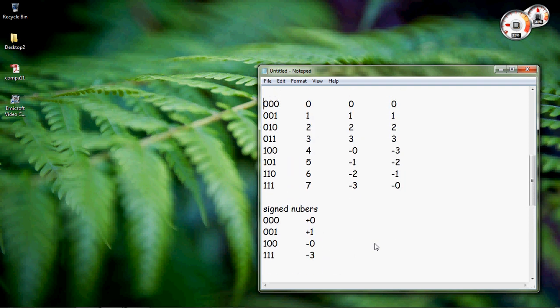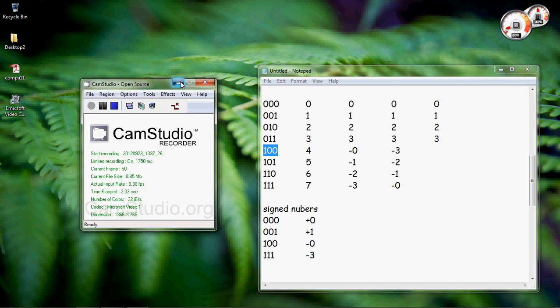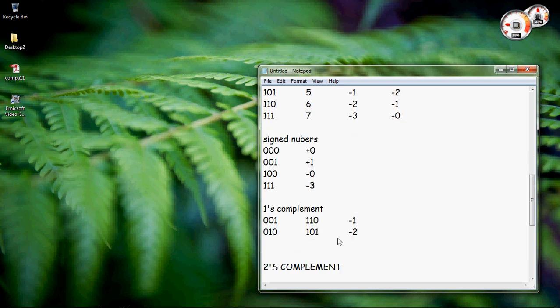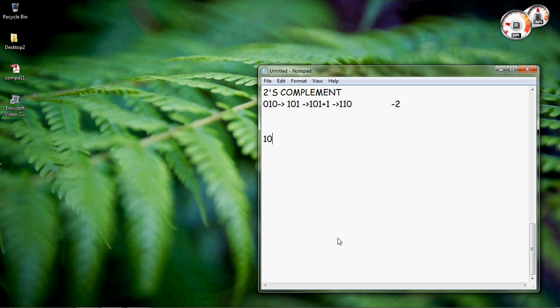Likewise, if the leading bit is 0, the number should be considered positive. So the value of this number is 0, this is 1, this is 2, this is 3. And now if there is 1, then we have to think about which number this is the 2's complement of. For 100, this is the 2's complement of 100 itself, and 0100 is 4.